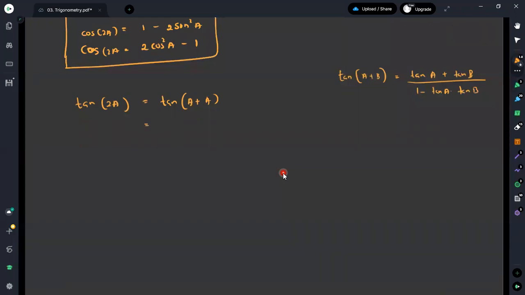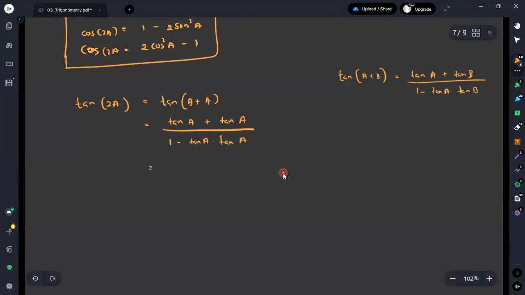Now we are having the value as a. Then we are having this as tan a. Then this is again equal to tan a plus tan a divided by 1 minus tan a, again multiplying with tan a instead of tan b, since instead of b we are having the angle as a.